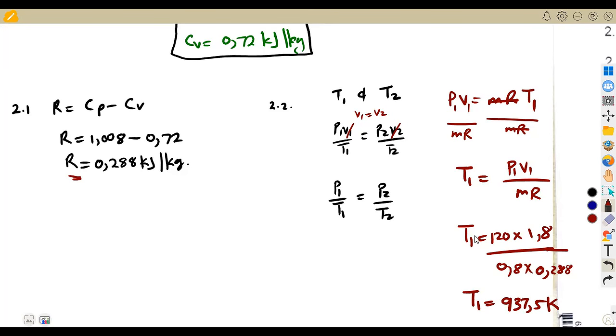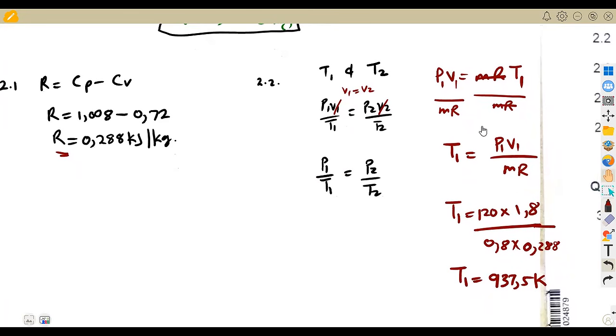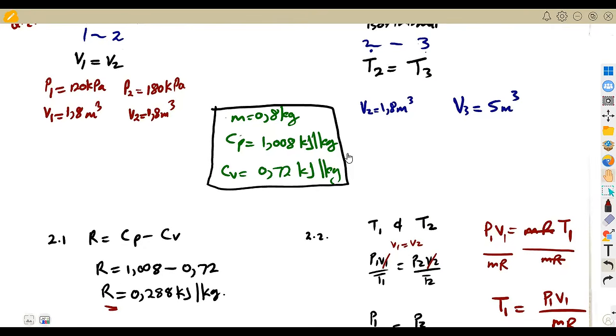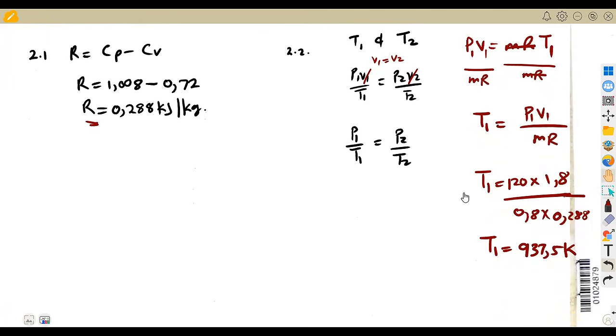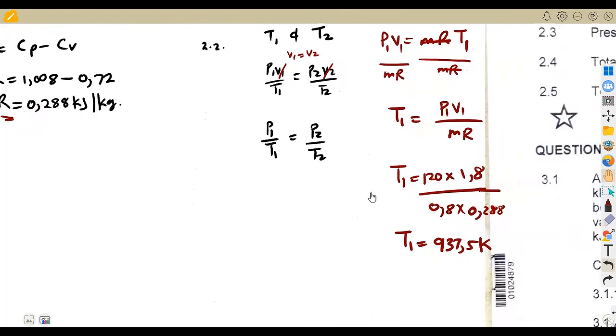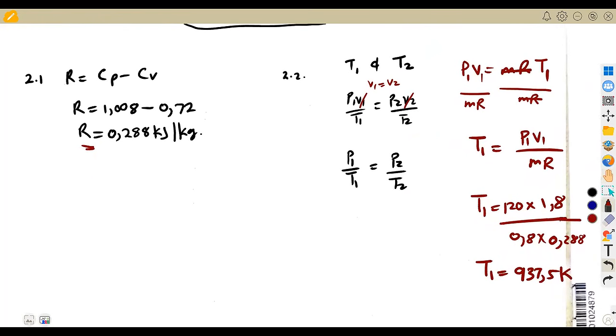Let me explain what I'm trying to say here. We are supposed to calculate T1 and T2. From this formula, we saw that we also have P2 and V2, so we can still use the same thing to calculate T2. Someone could want to use this formula after finding T1 to find T2.